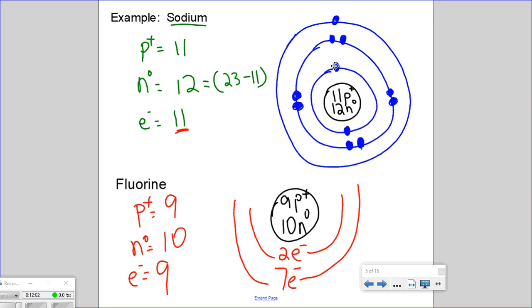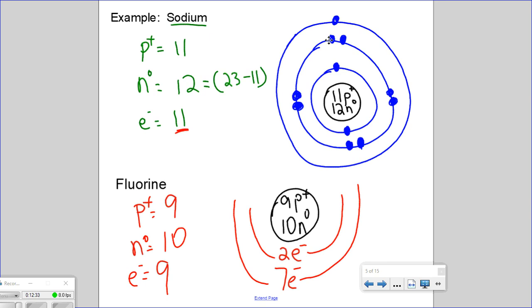We would draw a circle representing one electron, and then on the other side we would draw in a second electron. So electrons typically want to be as far apart as possible. They only pair up when they absolutely have to. So we have 1, 2 electrons. This orbit is full. We need to draw another circle, which is the second circle here. And then we can add in electrons, one at a time.